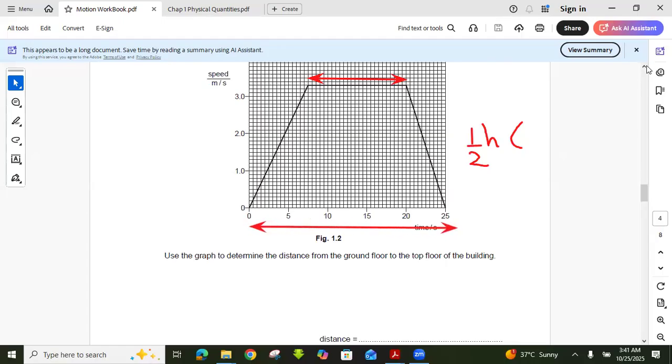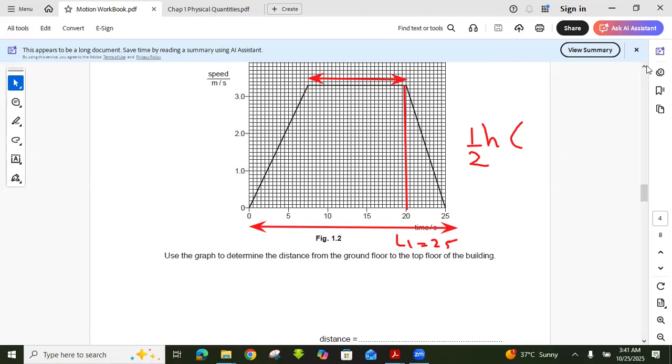If I'm talking about length number 1, it's 25. But if I'm talking about the other length, I can find it out. So it's 20, and this is somewhere like this. It is in the middle between 5 and 10.